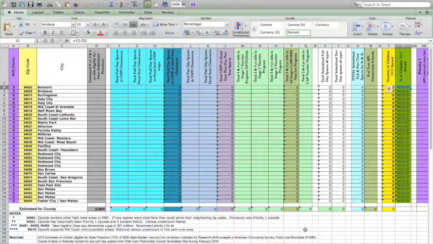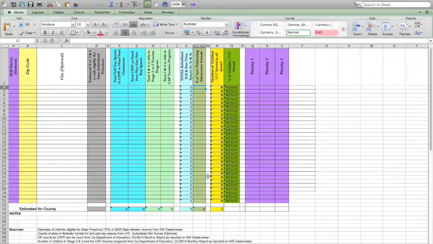If we tab over to the far left, Sarah, you'll see state preschool again. This is a more simple version with all of the part day rolled up, all of the full day rolled up, all of stage 2 children and CAP rolled up, so it's simpler to look at depending on your council and their interests.